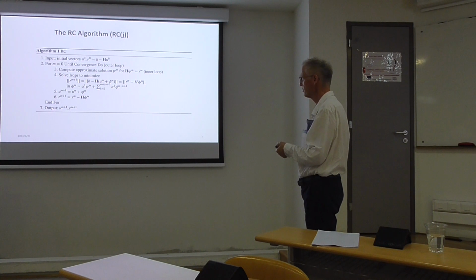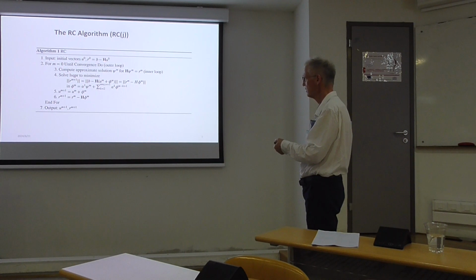So the inputs are the initial vectors for the solution, and the residual vector is computed from the right-hand side minus H times the initial solution vector. Then we have the outer loop, okay?